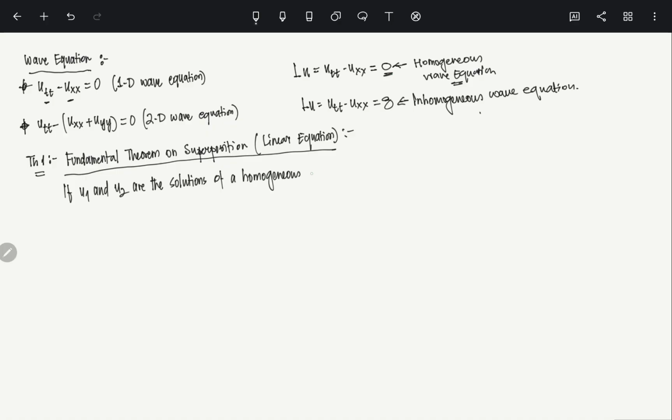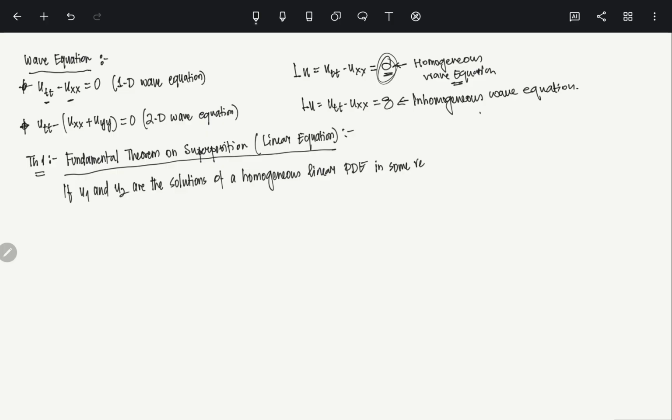Think of your Laplacian, the wave equation, and also the heat equation. That will work too, but it has to be homogeneous, so the source term has to be 0 in some region R.